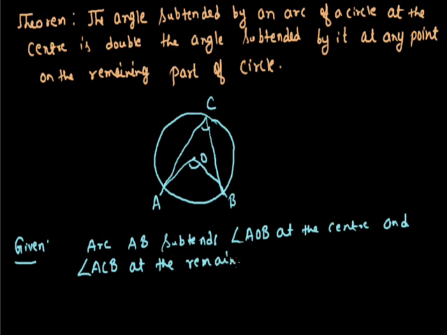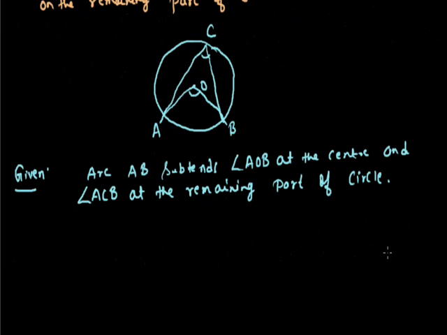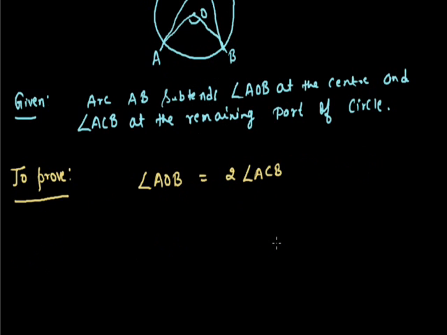So to prove: angle AOB is equal to twice of angle ACB.